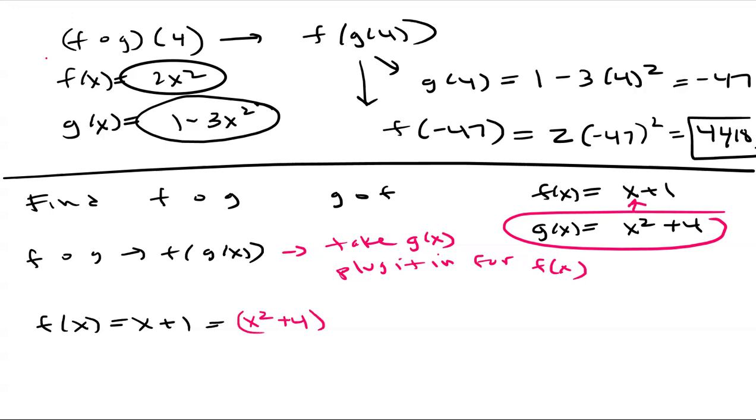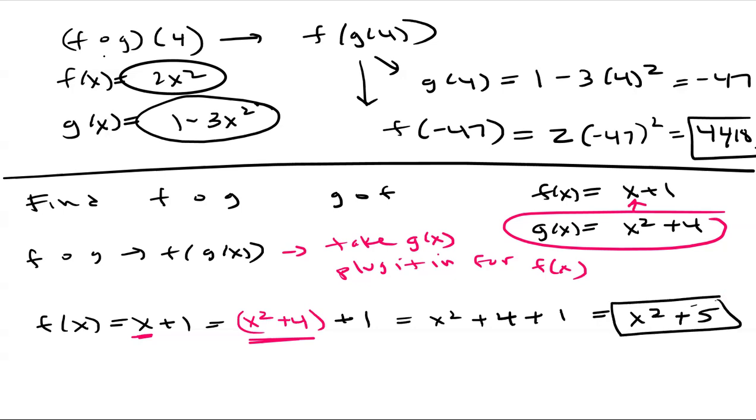Again, I'm replacing this x with this here. And then I just have the plus 1 in the end. So when I simplify this, I get x squared plus 4 plus 1, which is going to be x squared plus 5. And then there's my answer right there.